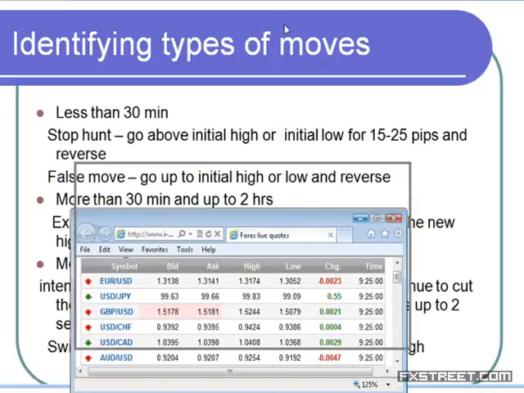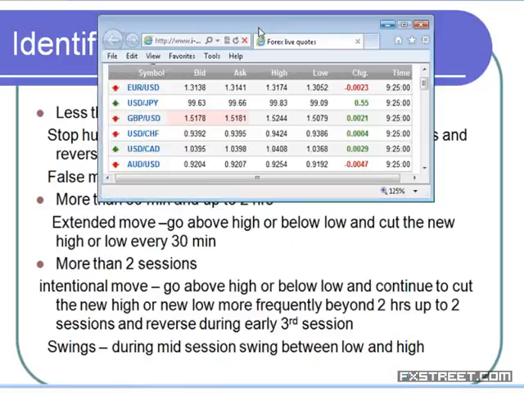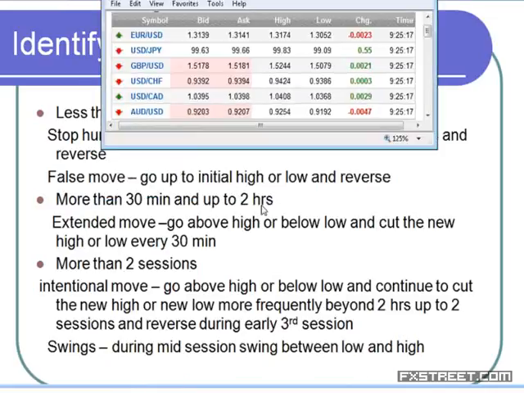What is that? The moves which are more than 30 minutes up to 2 hours. So that is the extended move. That means they cut the initial low and stay below the initial low for more than 30 minutes, then continue to drop for 2 hours, and then reverse the market. And that is the extended move.